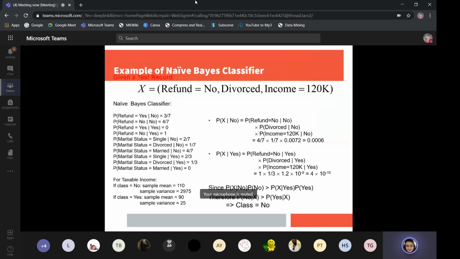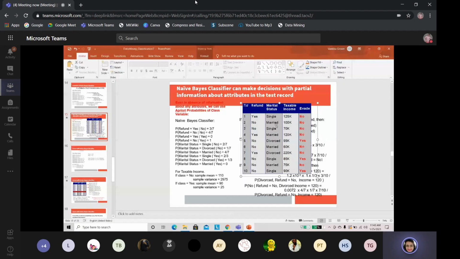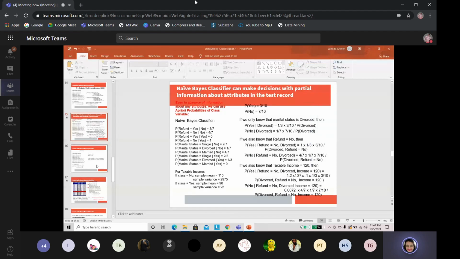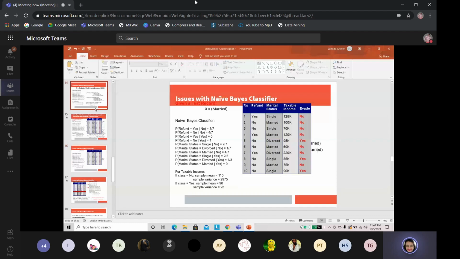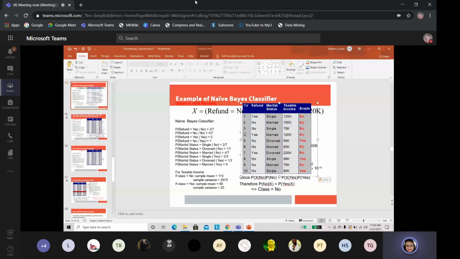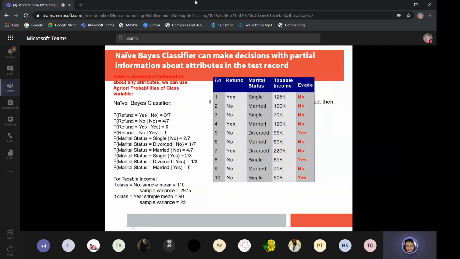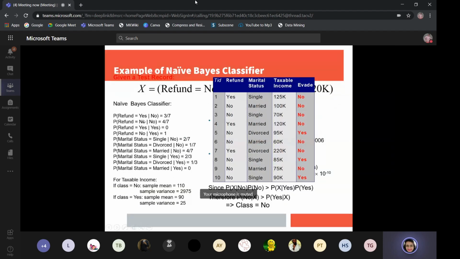Okay, so you have this class where you have refund. जब यहाँ पे yes है, when refund is yes, given the class is no. So given the class is no, it is 7 by 10, and there are basically 7 records for class no, and out of those, when the refund is yes, you have 3 of them as yes.